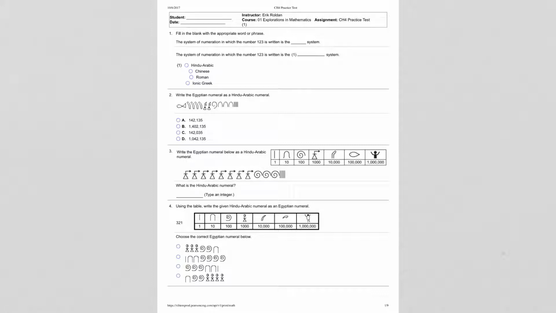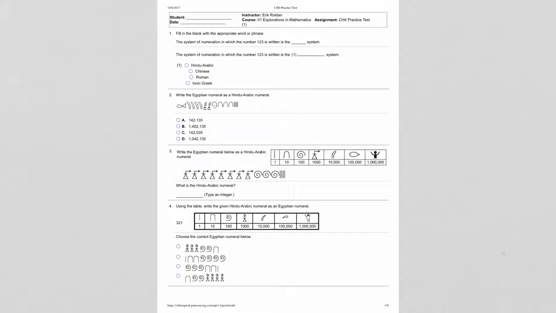This is Chapter 4 Review, or online it's called the practice test. So we're going to go ahead and get started. Just a couple things before we begin. Number one, if you do this review, you should be fine for the paper test that's going to be in class.